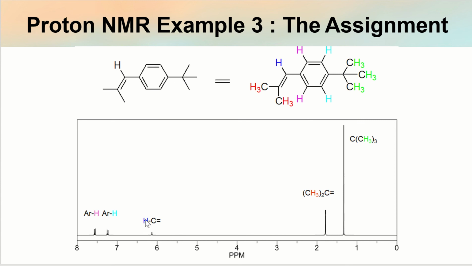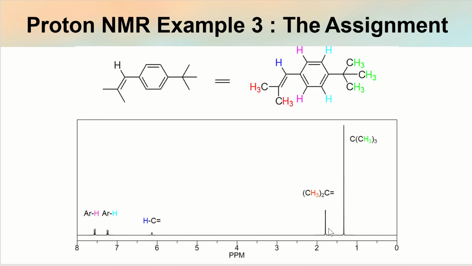And here we have our alkene hydrogen. So typically we would expect that proton to be in the 5 to early 6 chemical shift, and clearly that would depend on the chemical environment, whether or not it's attached to something that is electronegative or just pulling electrons to itself.